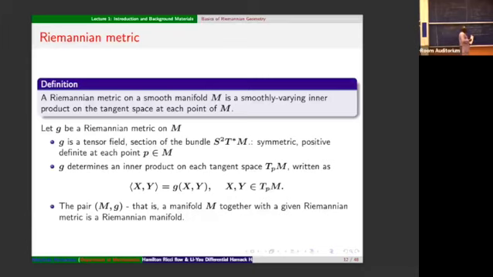That's what a Riemannian metric is. And if g is a Riemannian metric on M, these are some of the things we should know. g is a tensor field, that is, a section of the bundle that I denote as this.